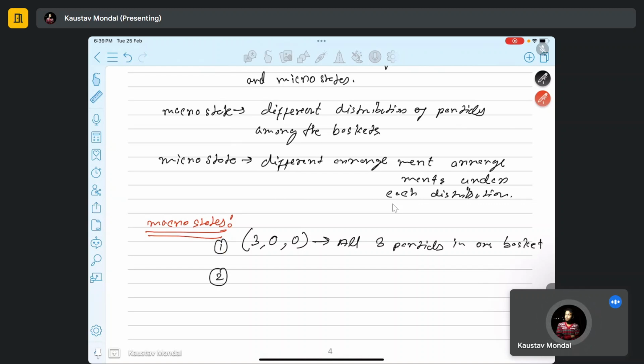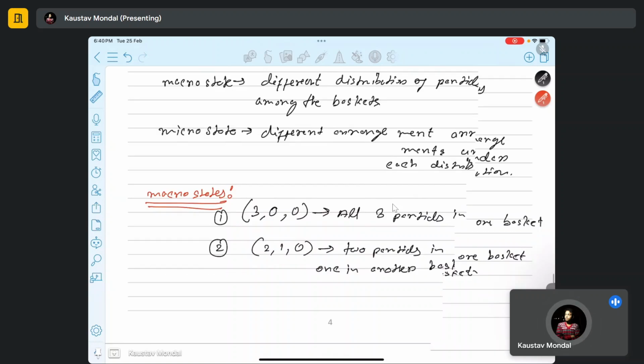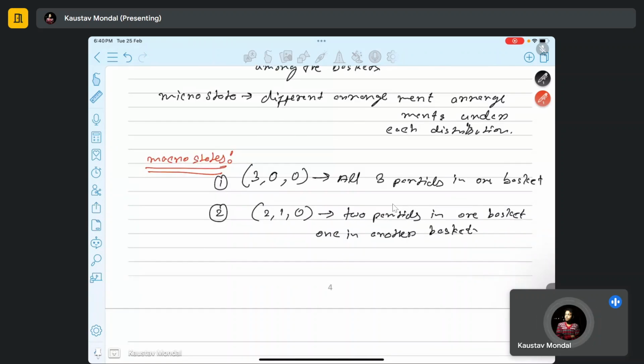Second macrostate you can consider 210, that means two particles in one basket and one in another basket. Two particles are in one basket and another one is in any one basket. And the third one is 1 1 1, that means one particle in each basket.